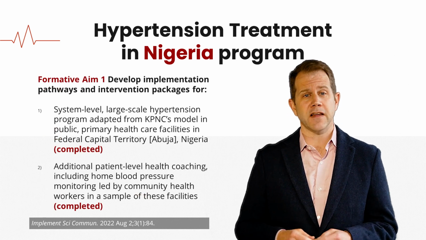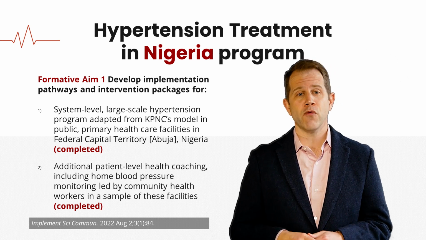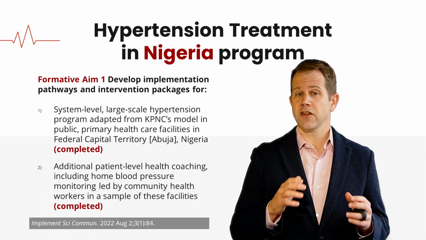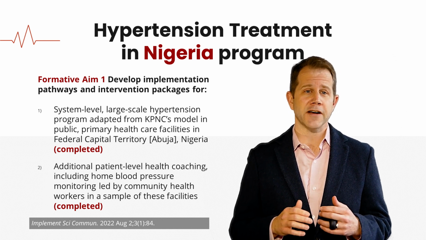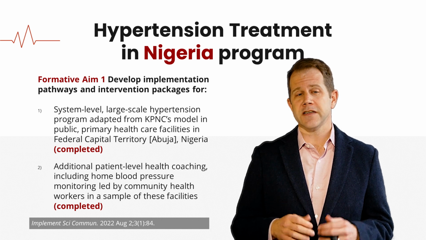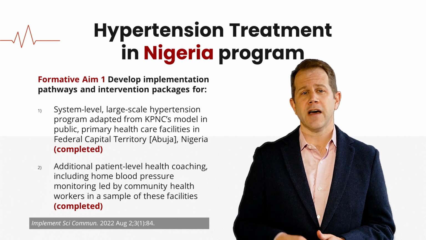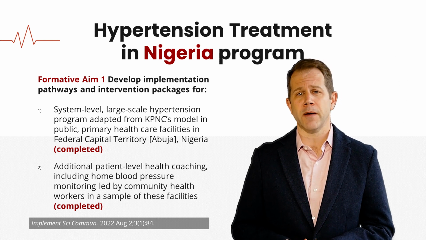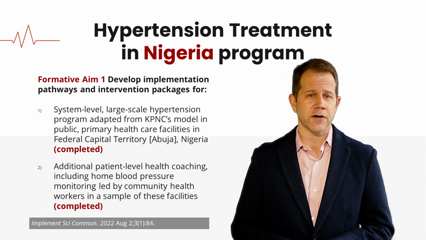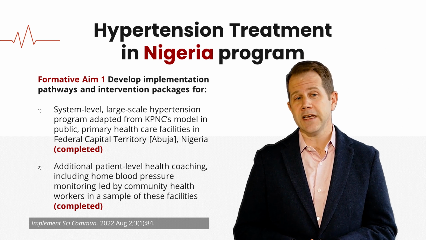So to conduct this study, we had 3 aims. The first is a formative aim, which you may be doing in your own research. And this is really to understand the context in which you're trying to implement the proposed pathways and strategies. So our formative aim included a system-level, large-scale hypertension control program that was adapted from the Kaiser Permanente Northern California model in public primary care facilities in the Federal Capital Territory of Abuja in Nigeria. We've completed this step.